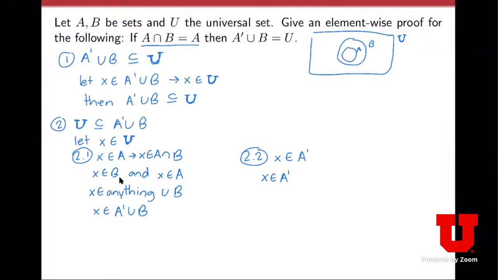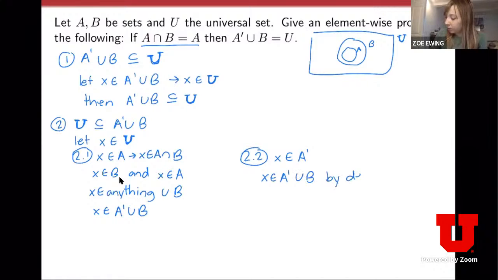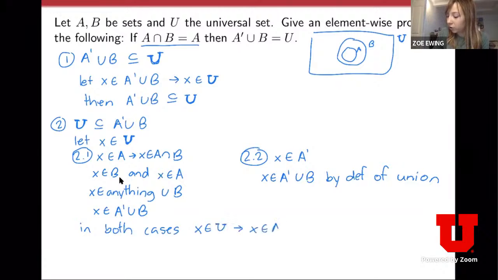If it's in A complement, it's also in A complement union B, by definition of union, using the same property that we had over here. So in both of these cases of 2, we have that X is in the universal set implies that X is in A complement union B. So the universal set has to be a subset of A complement union with B.